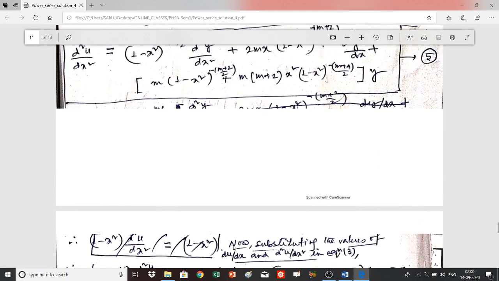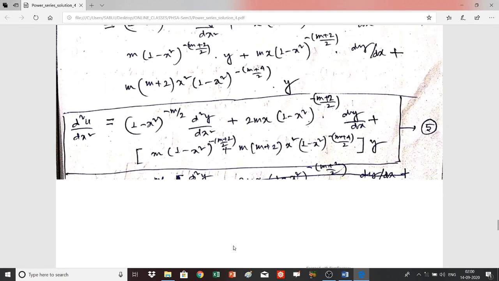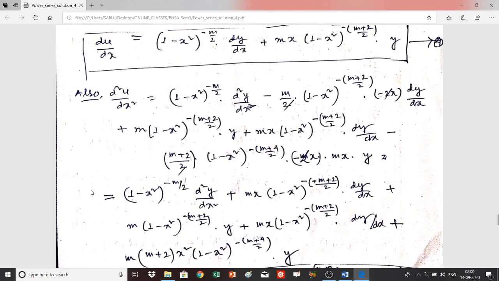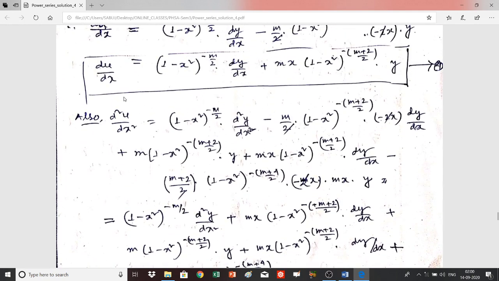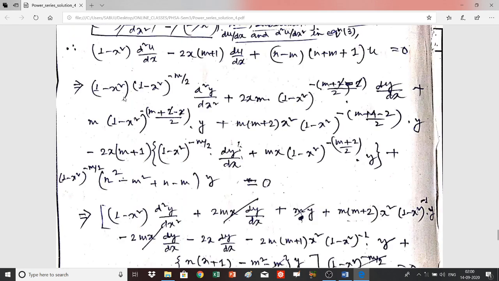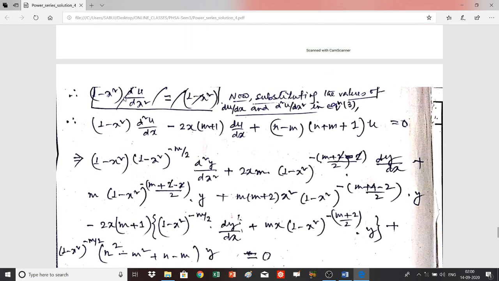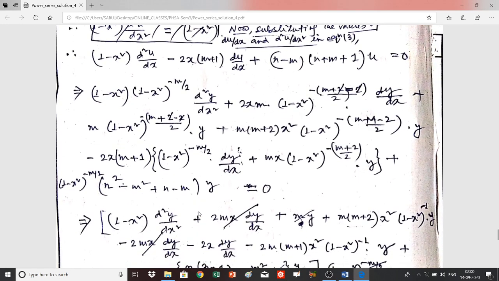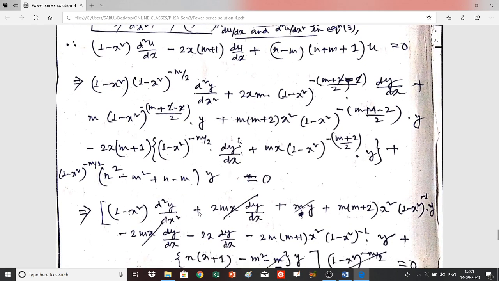Just substitute the values of d2u by dx square and du by dx in this equation. All the steps are given here, so just follow it and you will understand.